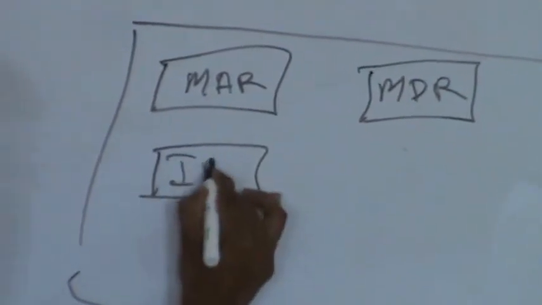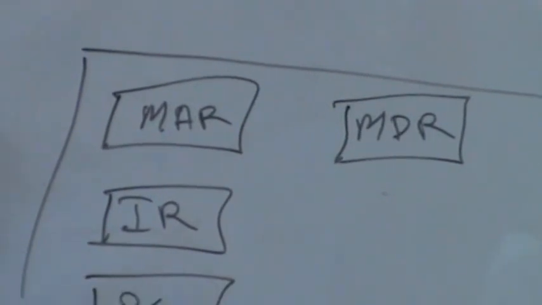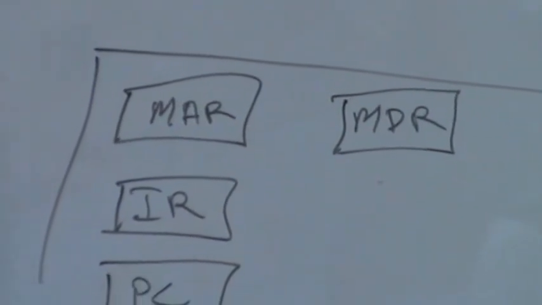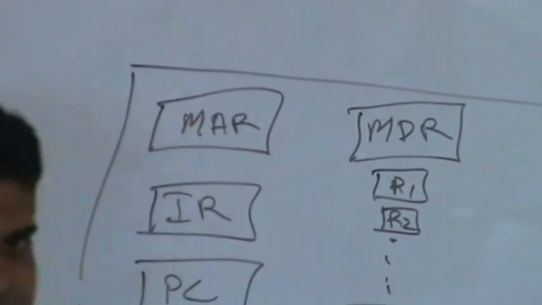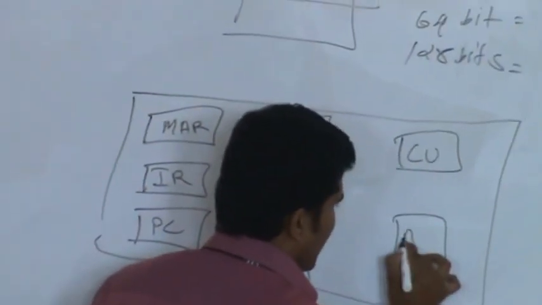It also has an IR. We will be discussing all these things in detail with the help of an example. The next one is the program counter. Then you have different registers R1, R2, up to Rn-1. Then you have the control unit and your ALU.